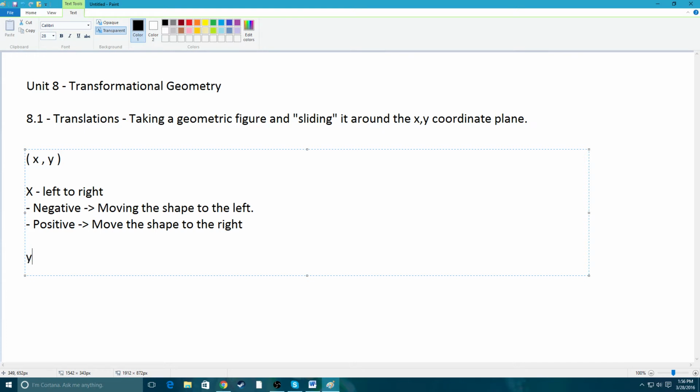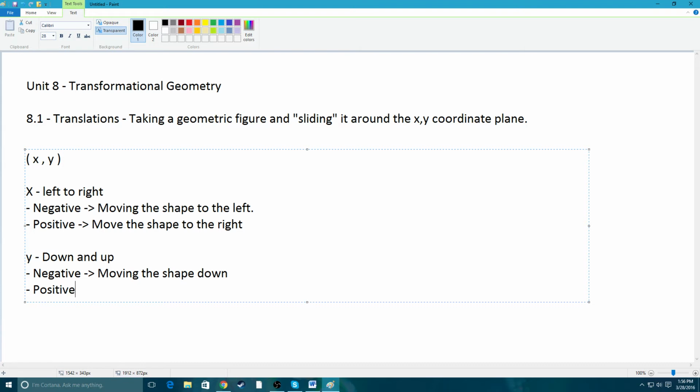You also have y coordinates. Y coordinates are where they move down and up. If it's negative, you're moving in the negative y direction, so you're moving the shape down. And if it's positive, you will be moving the shape up in the positive y direction.